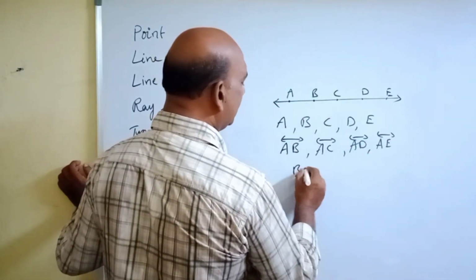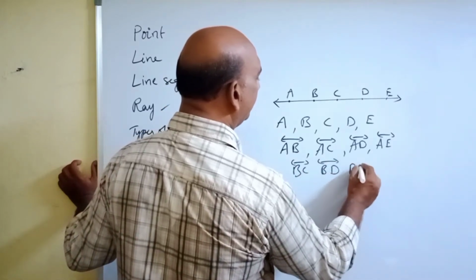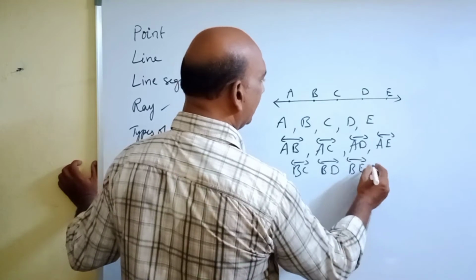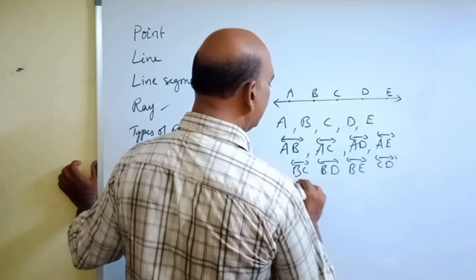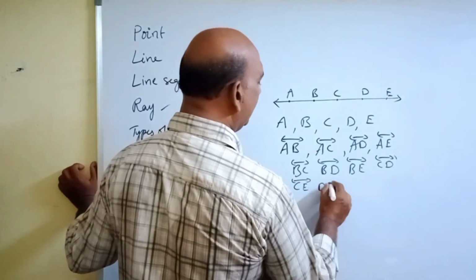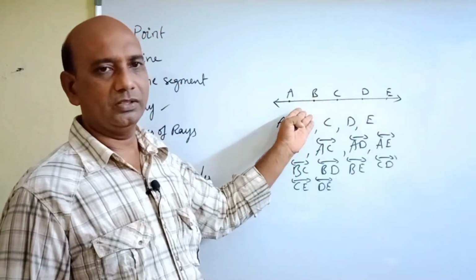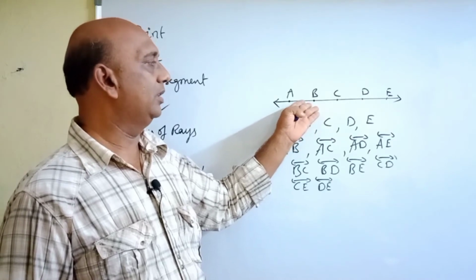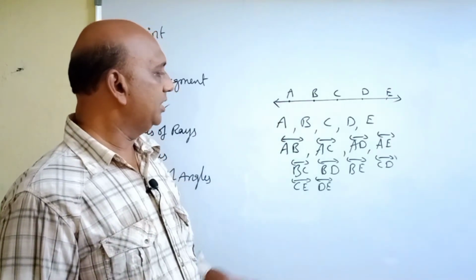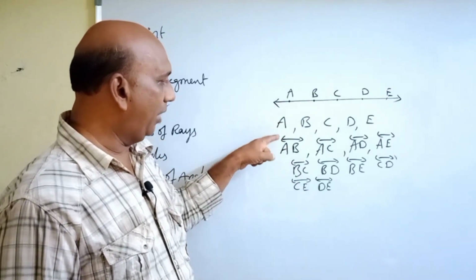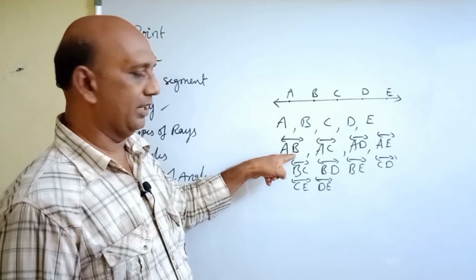Also BC is another line, BD is another line, BE is another line and CD is another line, CE is another line, DE is another line. From right side to left side also we can indicate these lines. So in so many ways we can indicate the different lines included in this figure. These are the lines. I marked the line symbol on every pair of letters.